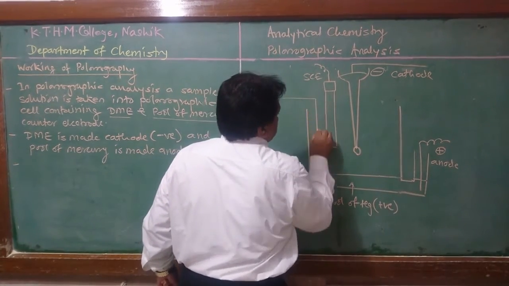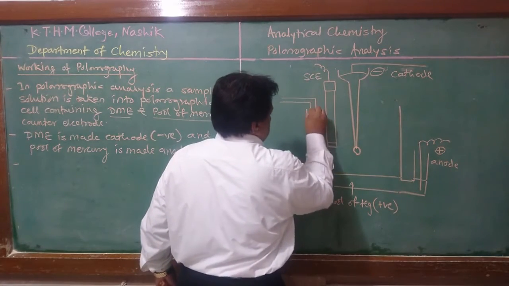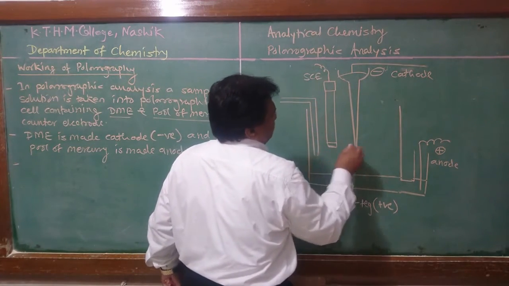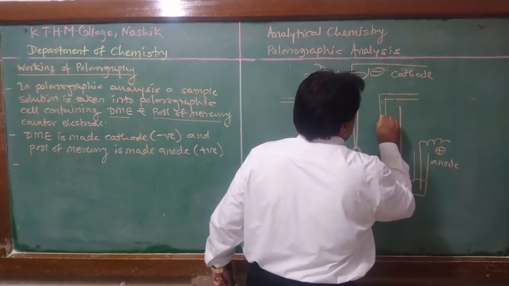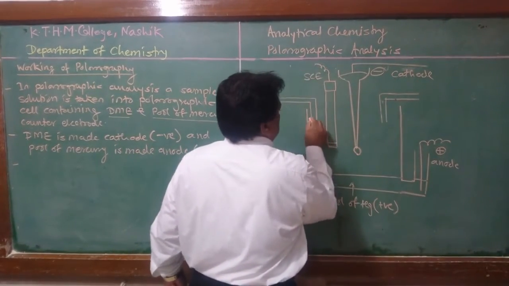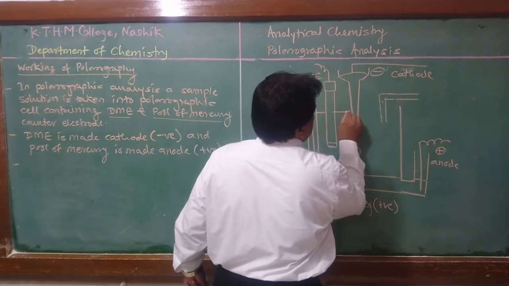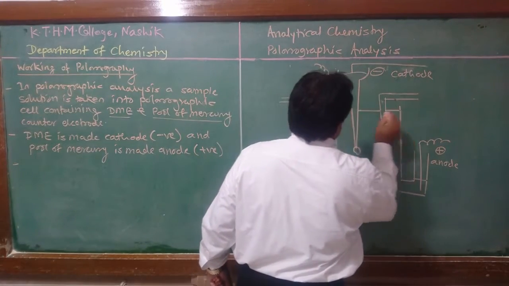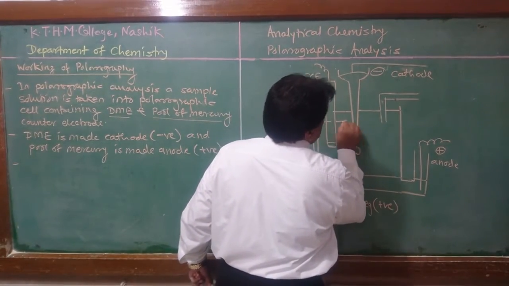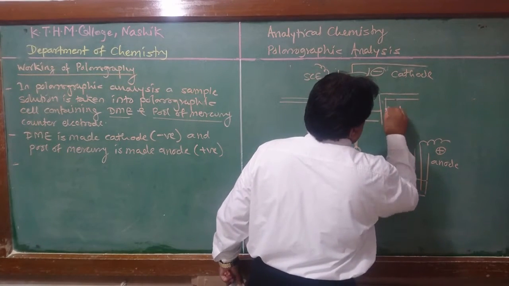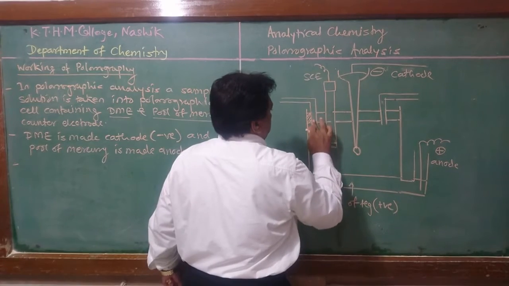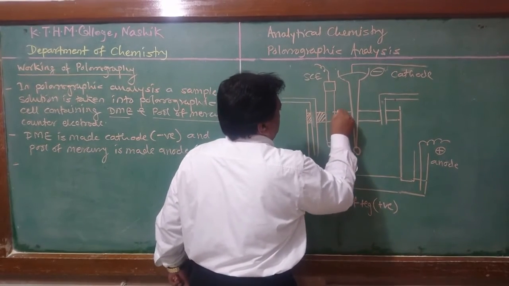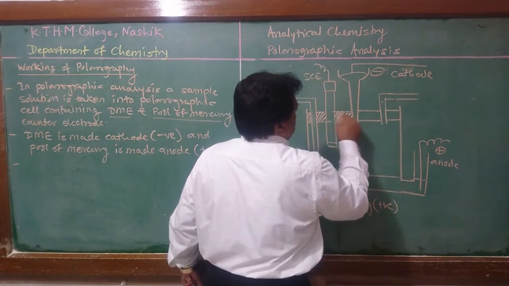Here there is an inlet for bubbling nitrogen gas, and this is the outlet for that nitrogen gas. This is the apparatus, that is, a polarographic cell, used in electrolysis of analyte by using a dropping mercury electrode and a pool of mercury.